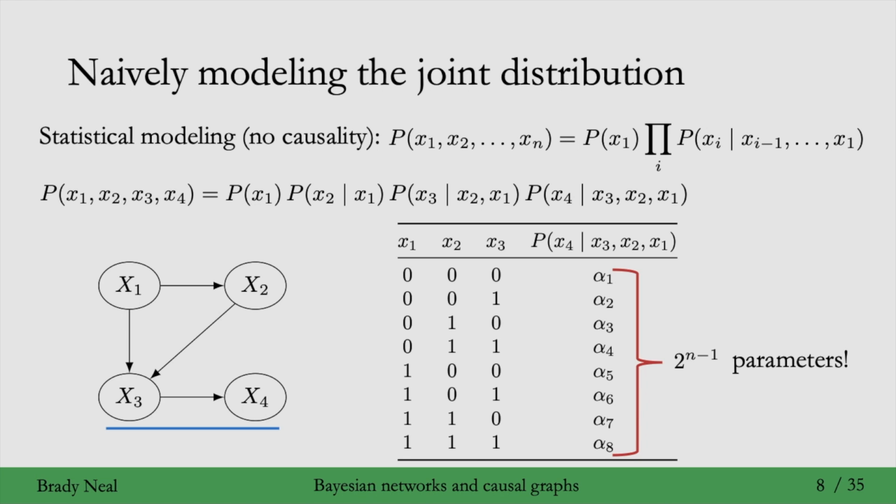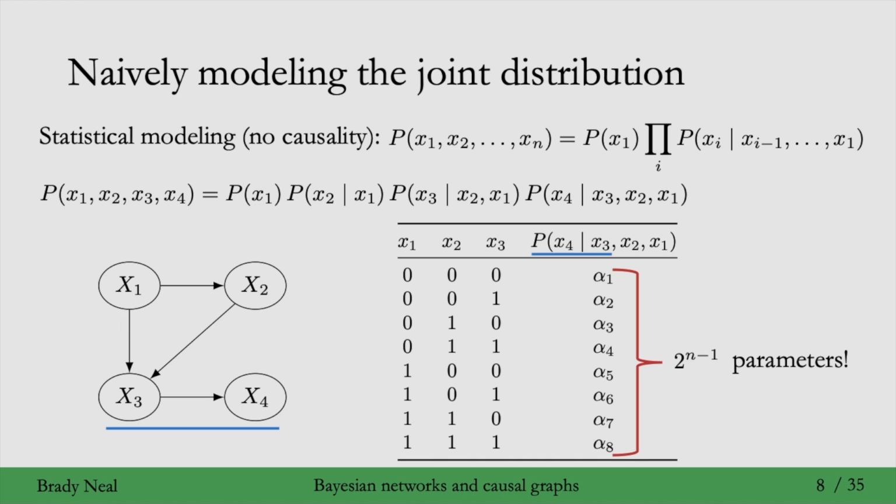This is where Bayesian networks come into play. If I were to draw a graph for which variables each variable depends on, then I could get something more local like this. So here, x4 only depends on x3. So maybe we don't need to model the dependence of x4 on all of the variables, but just on x3.